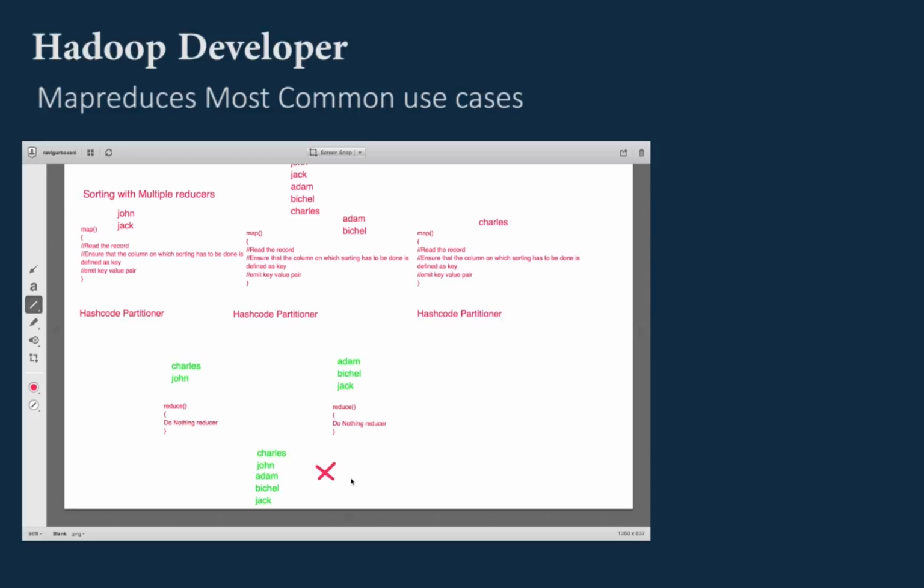And that is where we will have to customize the partitioner, and we have a ready-made partitioner called the total order partitioner. So hashcode partitioner is not going to work.